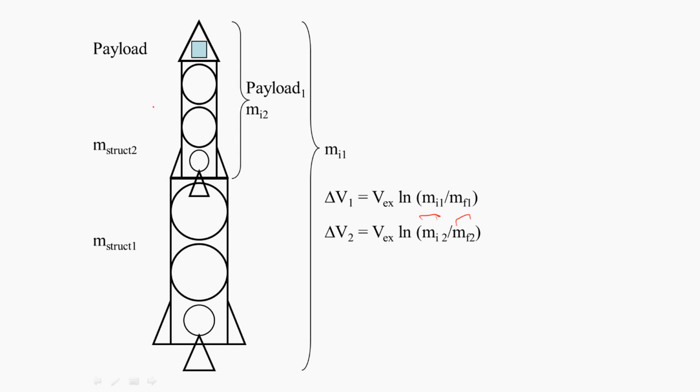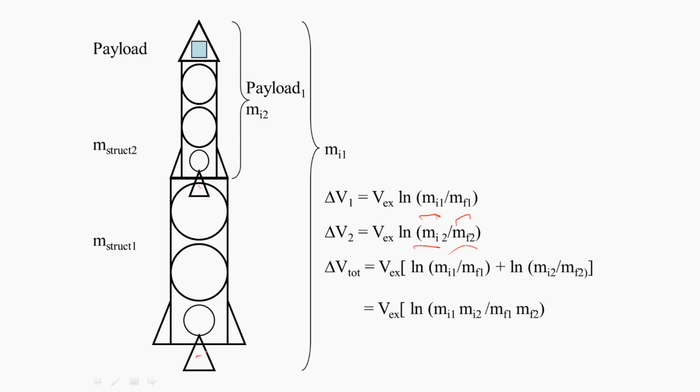And then we'll get a second velocity increment using the propellant that we have in the second stage, and we'll find out what that is when we take the ratio of the initial to final masses in the second stage. Just for simplicity, let's assume that the exhaust velocity of the first and second stage engines is the same. Obviously, that doesn't have to be the case, and it's often not, but it makes the math a lot simpler.